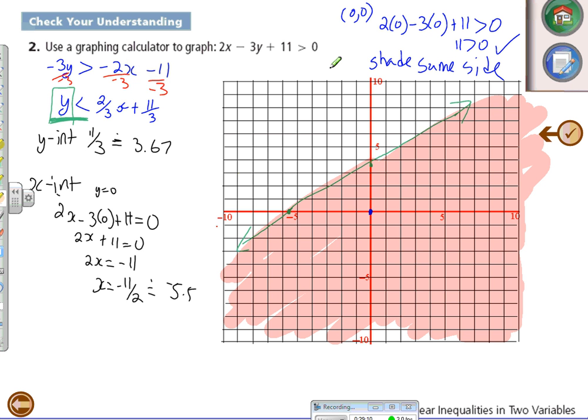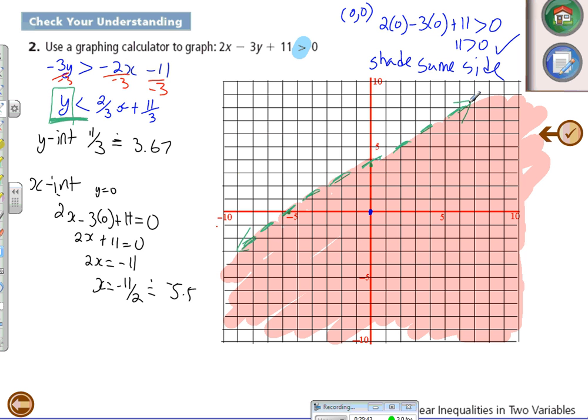Now, last thing that we had to do, and I should have done it before, is this a solid or a dotted line? You go right back to here, and because it's not equal to, this is not supposed to be a solid line, I need to make it a dotted line. There we go.